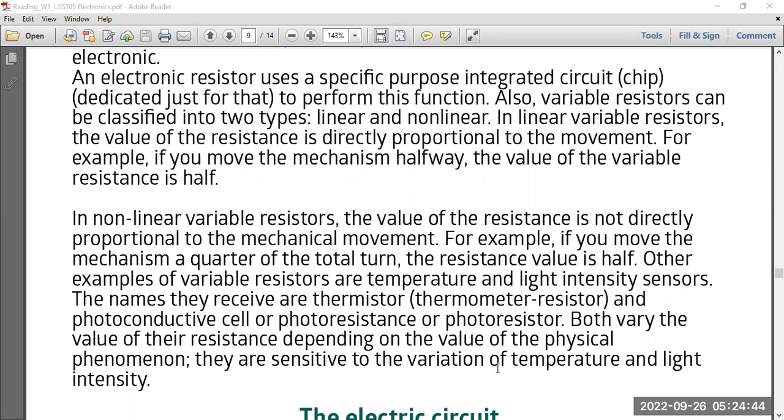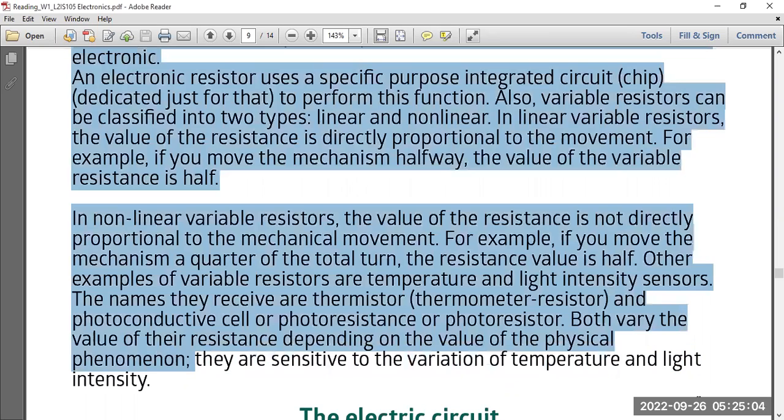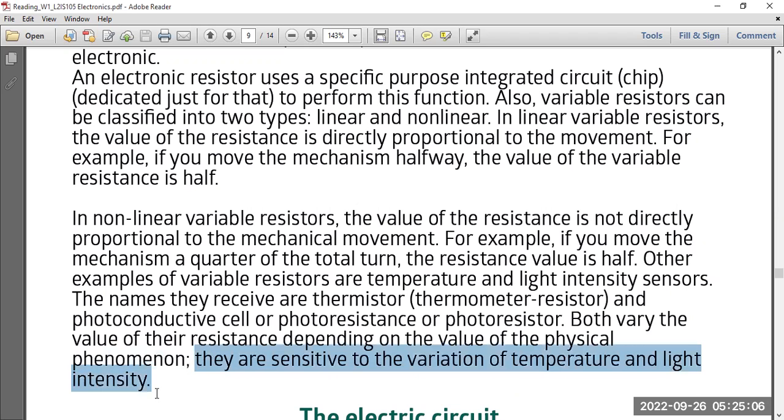The names they receive are thermistor or thermometer resistor, and photoconductive cell or photoresistance. Both vary the value of their resistance depending on the value of the physical phenomena, and most important, they are sensitive to the variation of temperature and light intensity.